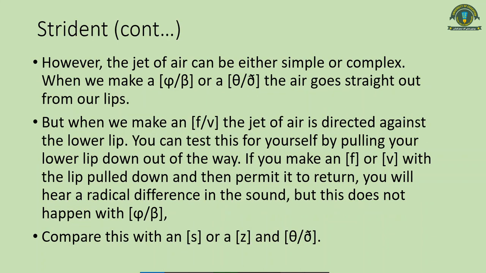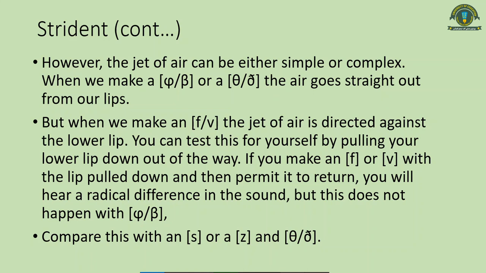Now there is also something more to strident. The flow of air, or the jet of air, can be either simple or complex. I will play these sounds after completing this topic of strident. These sounds are present in some other languages, not in Urdu and English. When we make a th or the sound, the air goes straight out from our lips.